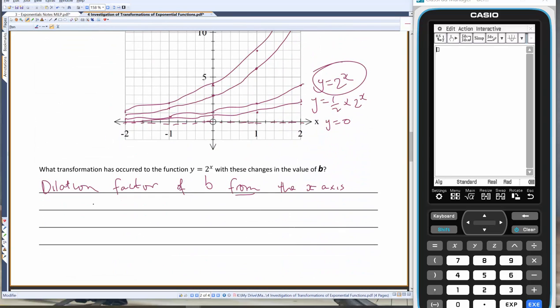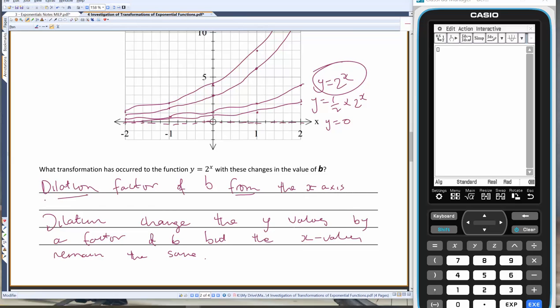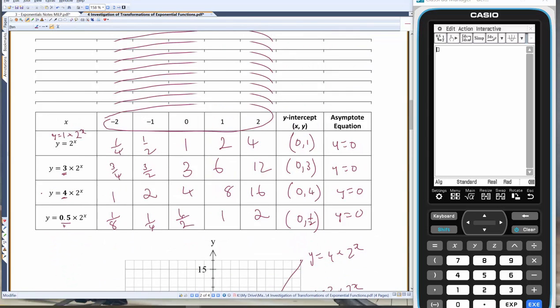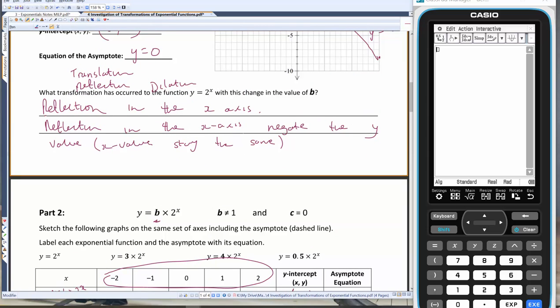Okay, and so what we're going to say is dilations change the y values by a factor of b, but the x values remain the same. Okay, so that's the dilation factor. Okay, and in the previous example, we did reflections, and these are the transformations.